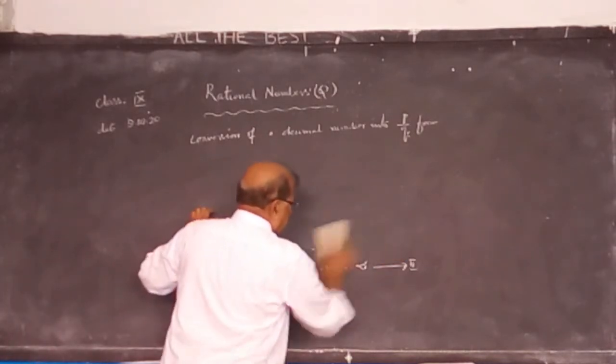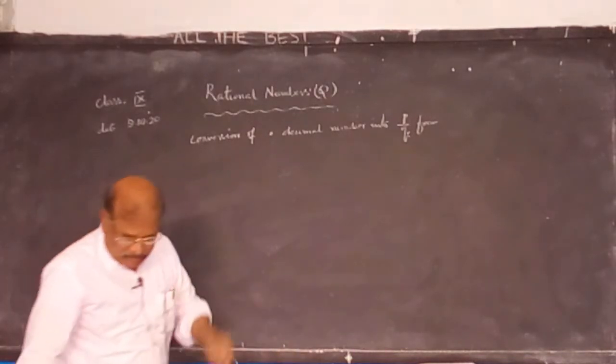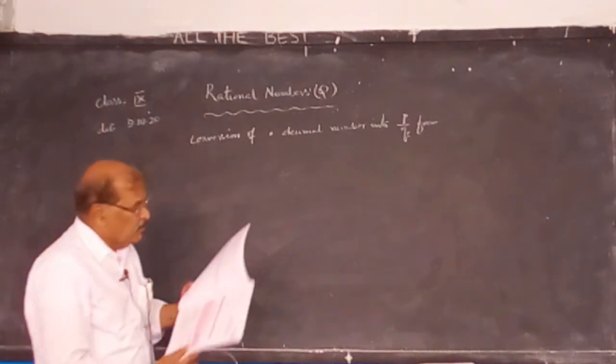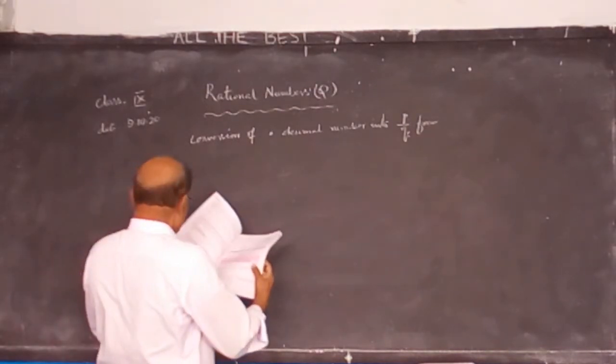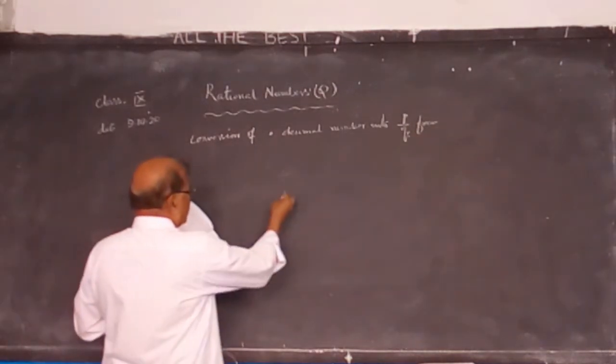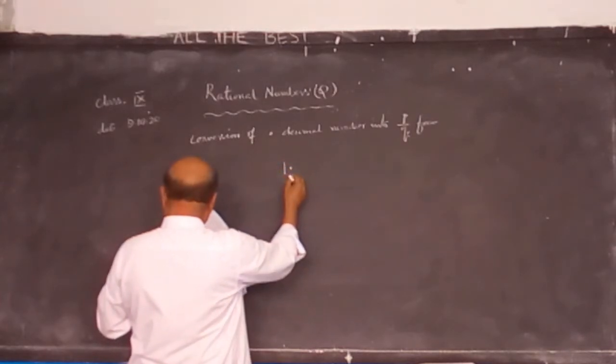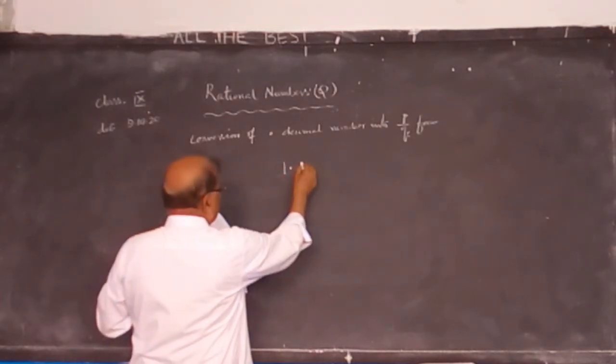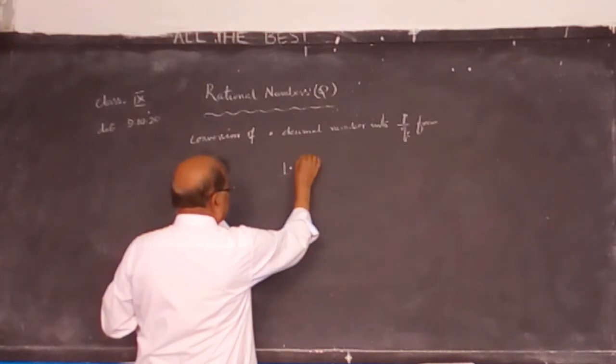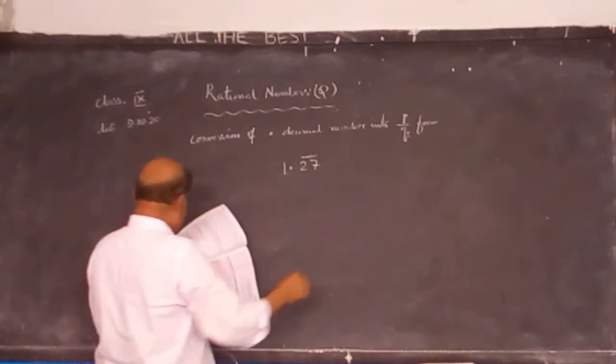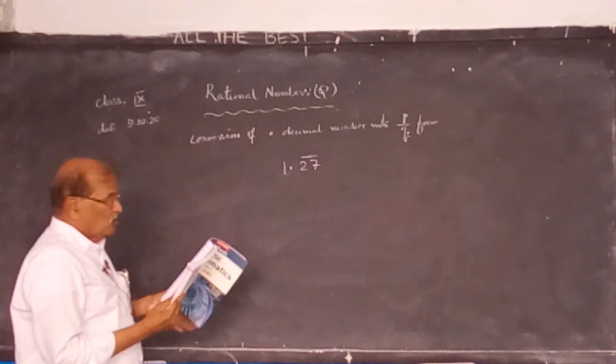Let us take another example, that is 1.27, where 27 is recurring.